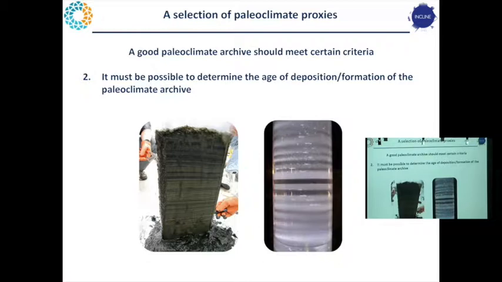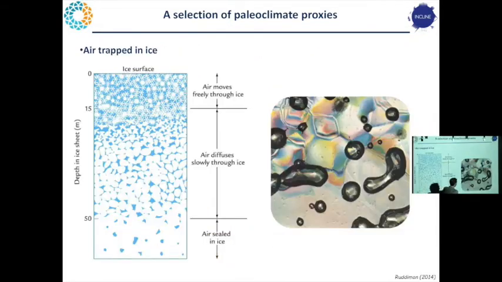Okay? Stalagmites, the same thing. It's not only delta 18O that you may analyze. You may get delta 13C, you may get magnesium, you may get strontium from the carbonate. You may even analyze the tiny amount of water trapped within the stalagmites, and we may get the delta 18O of the water from ancient times.